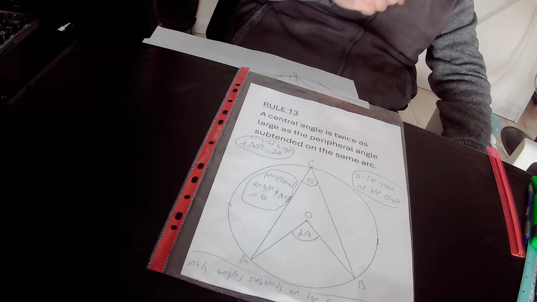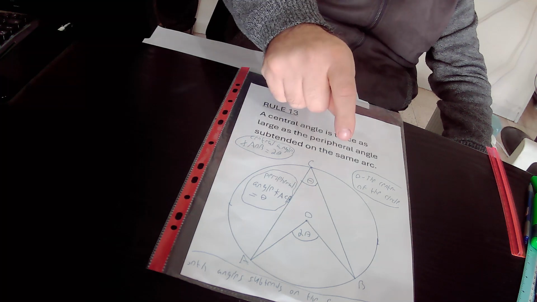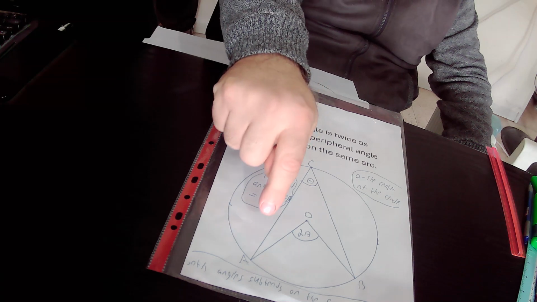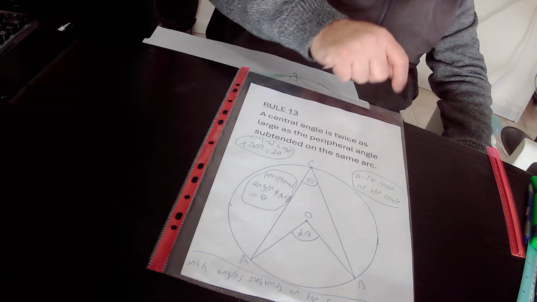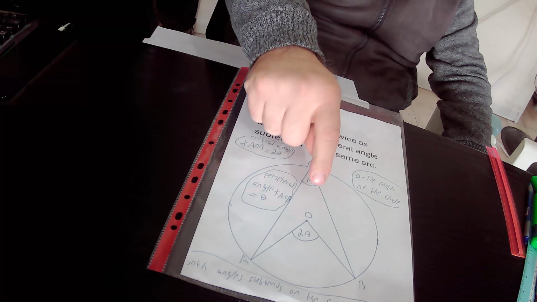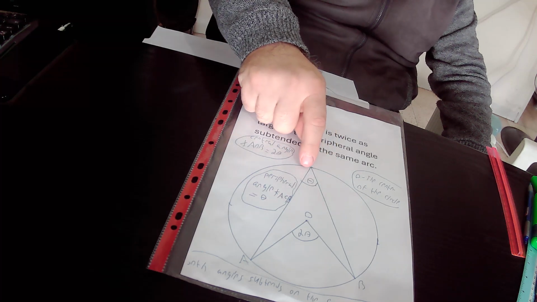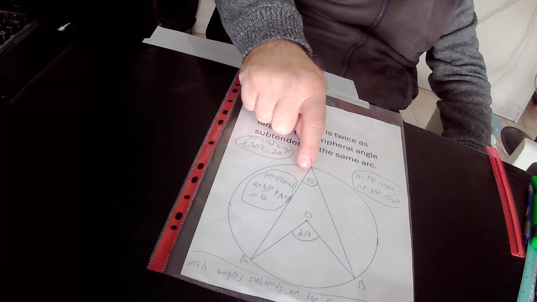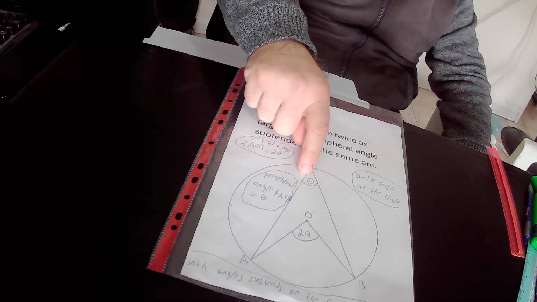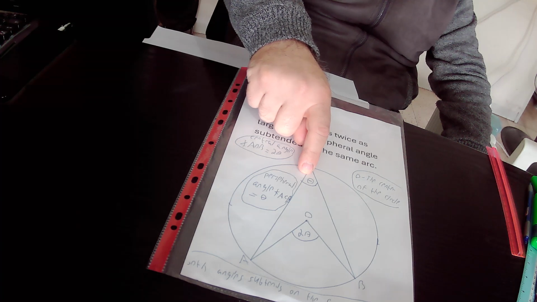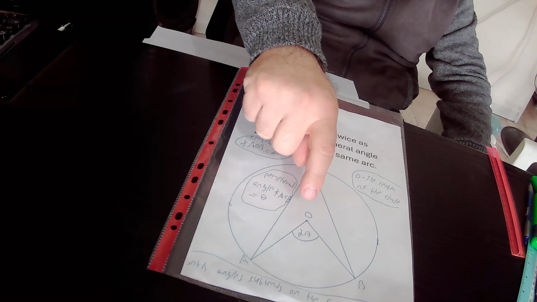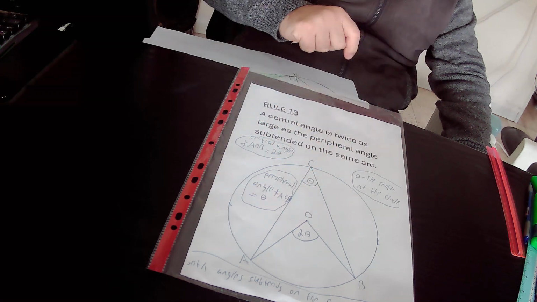In addition, we have in this drawing the central angle AOB that is subtended on the same arc AB, and therefore the central angle AOB will be twice as large as this peripheral angle ACB. Because the peripheral angle ACB equals theta, the central angle AOB that is subtended on the same arc AB will be equal to 2 theta.